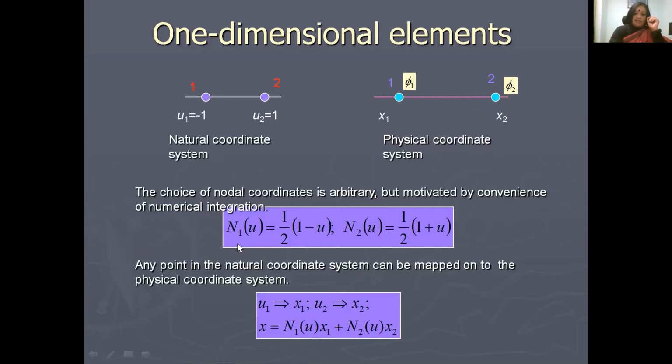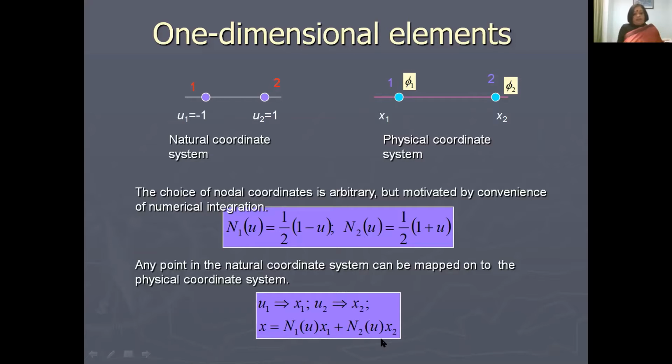I will take this mapping function N1(u), a function of u, equal to half (1 minus u), and N2(u) equal to half (1 plus u). Then my mapping function is x equal to N1(u) x1 plus N2(u) x2.